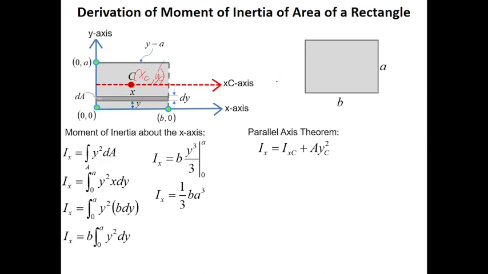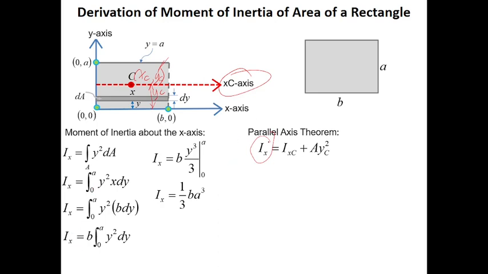Yung y-coordinate. At yung yc na yon, ito yon. Ito ay yc. Yung distance mula x-axis hanggang dun sa centroid, yung vertical distance na yan, yun yung y-coordinate na concern natin. Okay? So, yung area ng ating rectangle multiplied by the square of the y-coordinate of the centroid, plus the moment of inertia about the xc-axis will give us the moment of inertia about the x-axis.